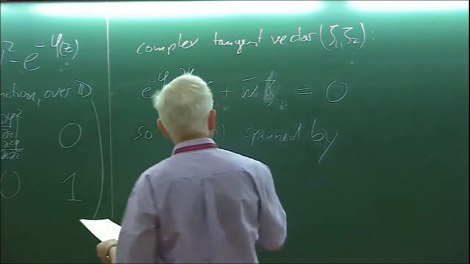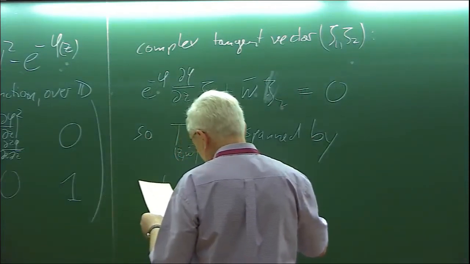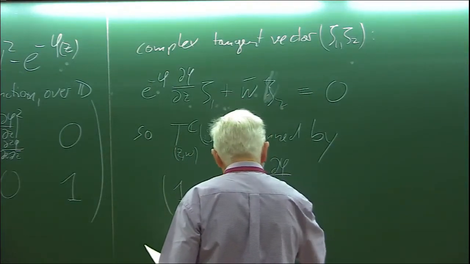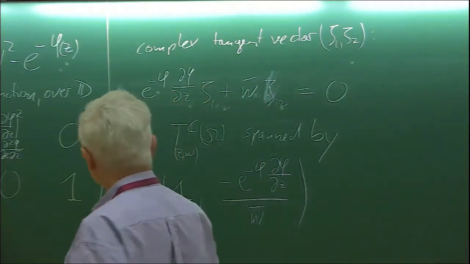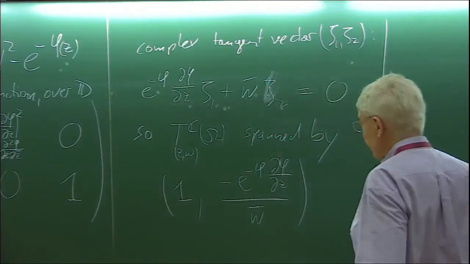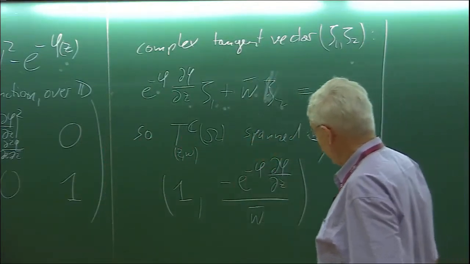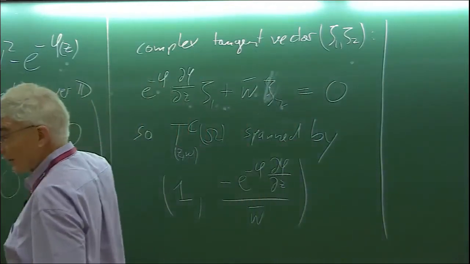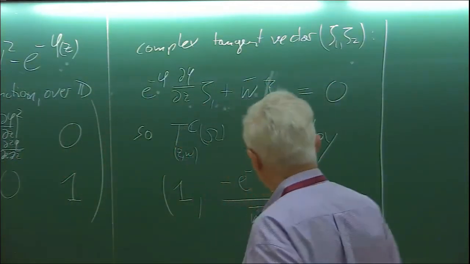So 1 and then whatever you get here, minus e to the minus phi d phi dc over W bar. So then for pseudoconvexity, I need to take this, it spans the complex tangent space, which is one-dimensional. I need to take this vector, plug it into the quadratic form here, and the result should be non-negative, right?